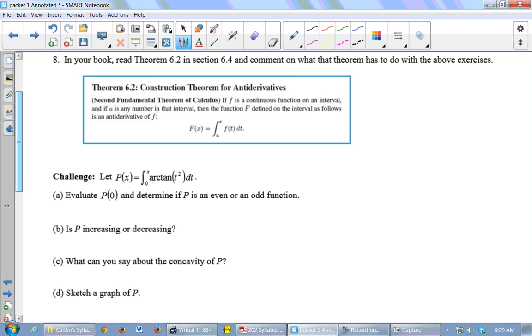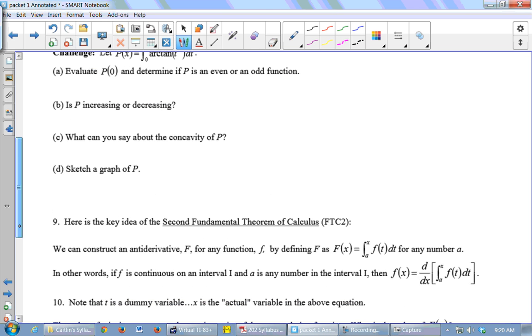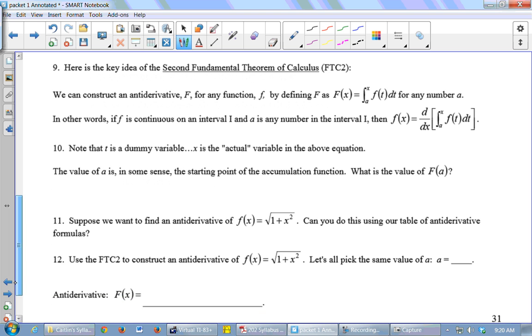So this is a way of getting an antiderivative. Take the integral from a constant to x. So I'm going to skip the challenge for now. So the key idea of the second fundamental theorem of calculus is that you can construct an antiderivative by using an integral.